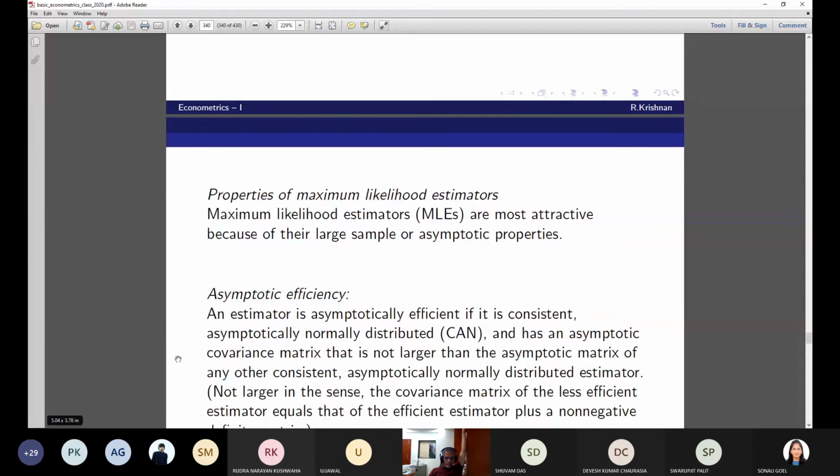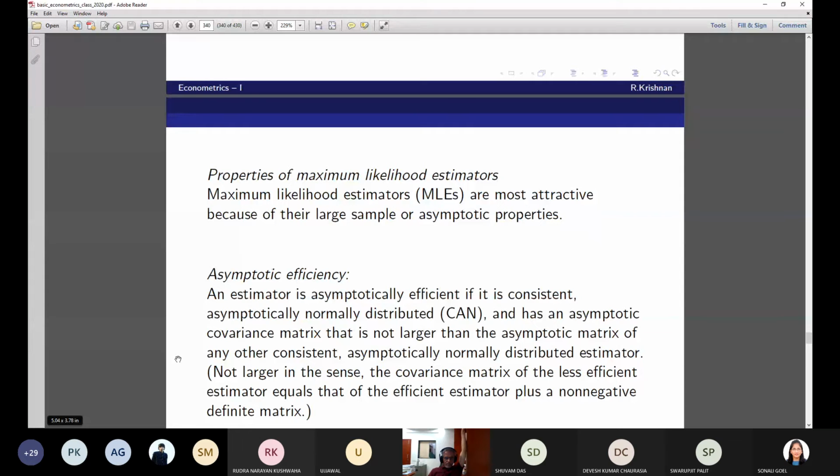An estimator is asymptotically efficient if it is consistent, asymptotically normally distributed, that is CAN, and has an asymptotic covariance matrix that is not larger than the asymptotic matrix of any other consistent asymptotically normally distributed estimator. Not larger in the sense that the covariance matrix of the less efficient estimator equals that of the efficient estimator plus a non-negative definite matrix. This is the definition of asymptotic efficiency.